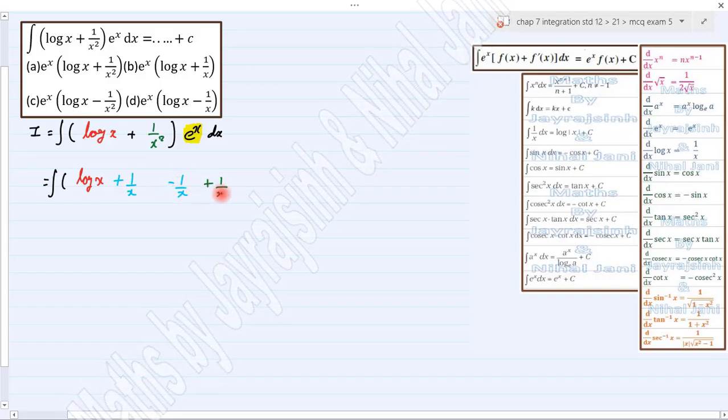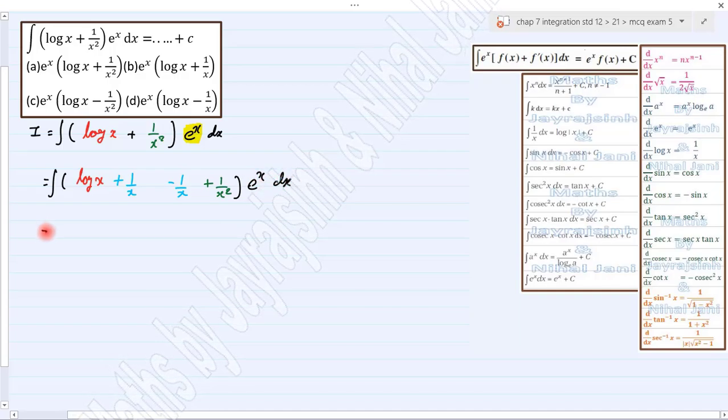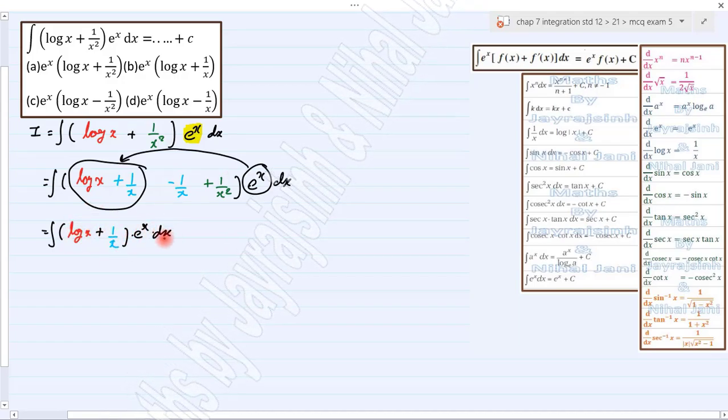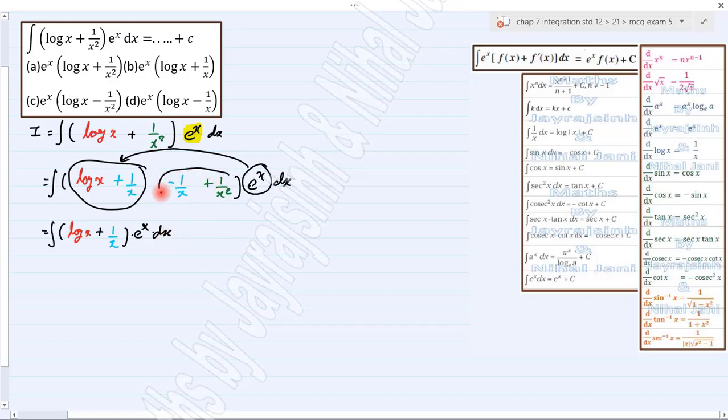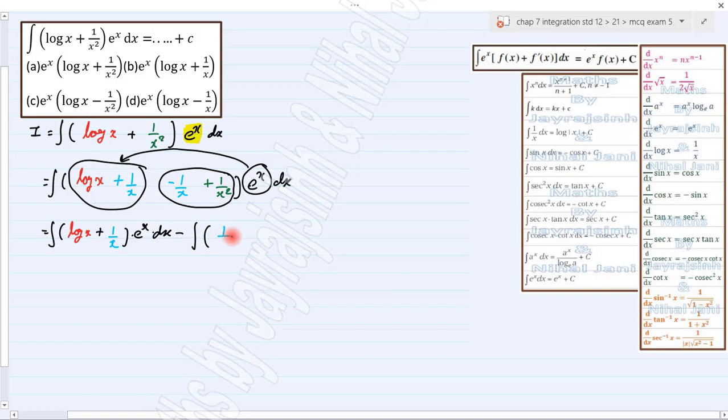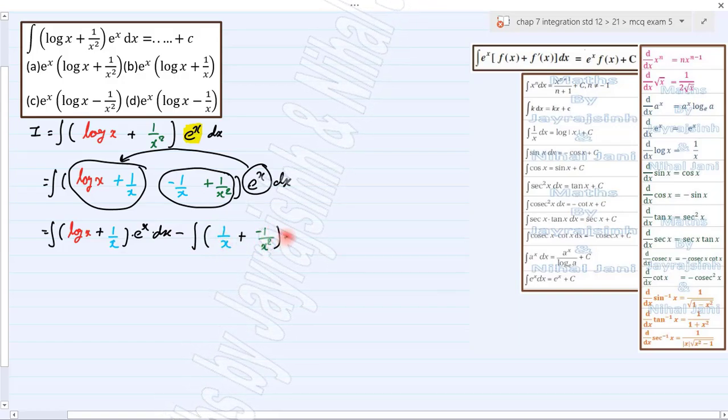Your 1 upon x square will remain as it is. Now for further simplification, let's split the term. This e raised to x multiplied with (log x plus 1 by x), and from the second term, if we take minus common, then we'll get (1 by x plus minus 1 upon x square) into e raised to x dot dx.